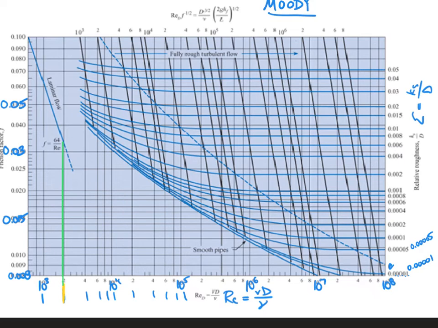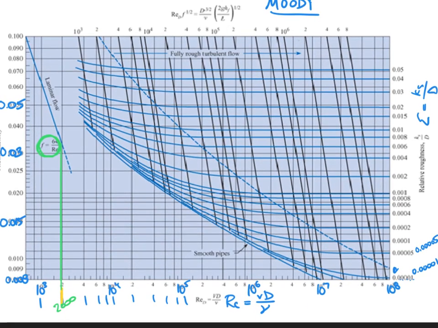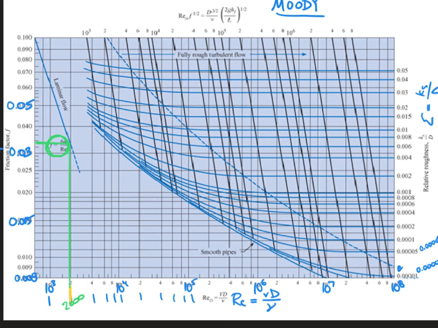Oh, look, we're in the laminar flow regime, which we already knew because our Reynolds number was 2,000. So if we knew our Reynolds number was 2,000, we already knew we're in the laminar regime. In fact, the best way would be just to plug it into that formula, or we could follow this line up and then follow it over to the left, and we would get a friction factor of about 0.034.